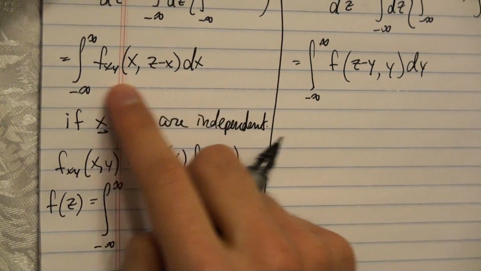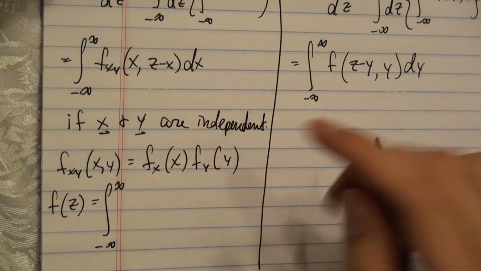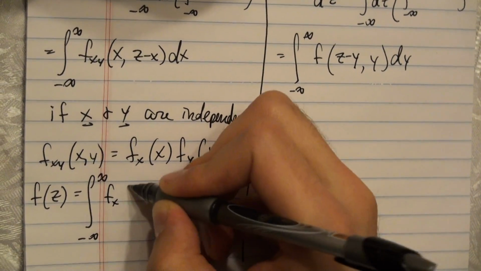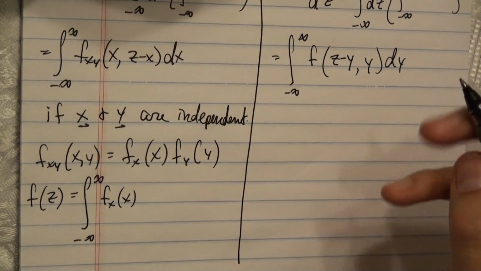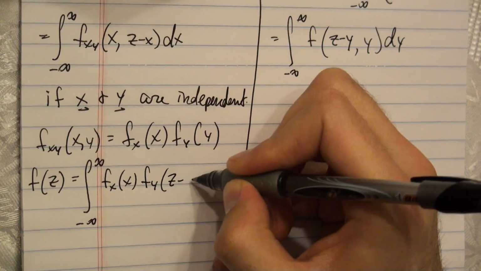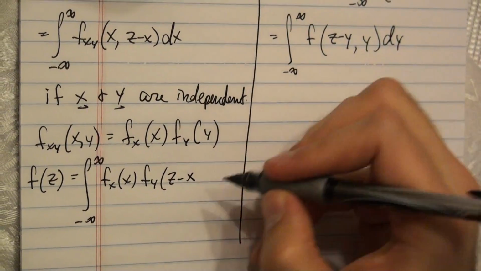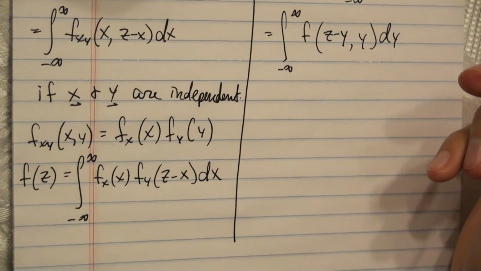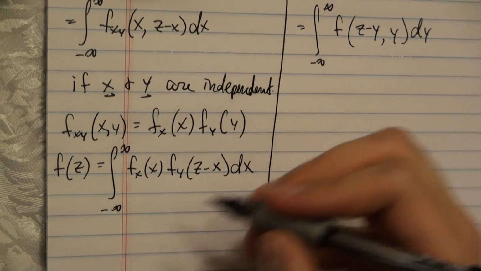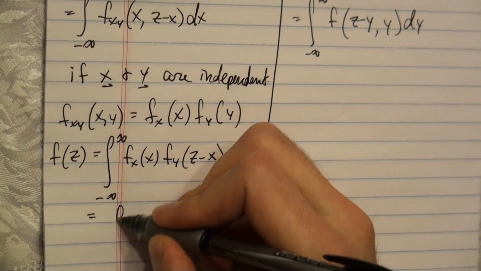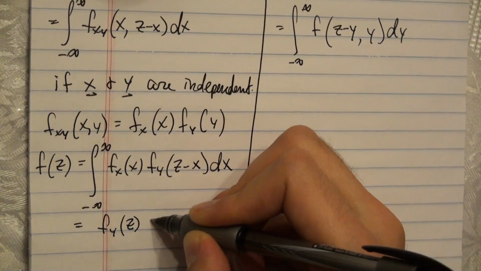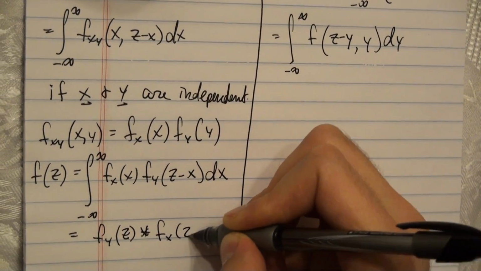This can be rewritten, if they're independent, as fx of x times fy of z minus x dx. Now this is the same thing as the convolution of fy of z convolved with fx of z.